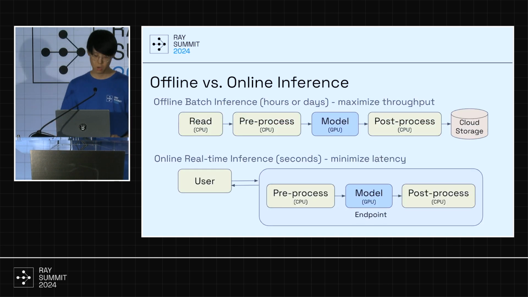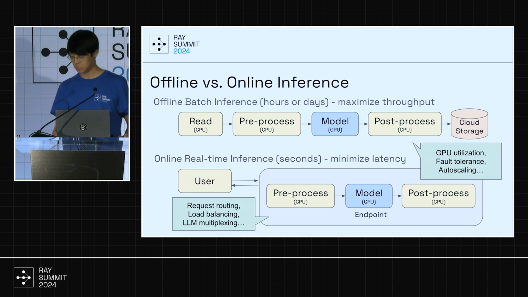Now, let's compare what these workloads look like at a high level. Taking a glance, the online real-time workloads look pretty similar to the offline batch inference workload that we discussed. They need to take the user query, do some pre-processing, pass it through the model, and then maybe do some post-processing before returning the response. But because of these different techniques and optimizations that we discussed, they run into different problems that we'll need to figure out.